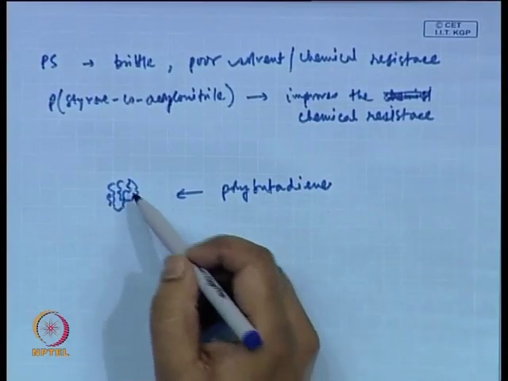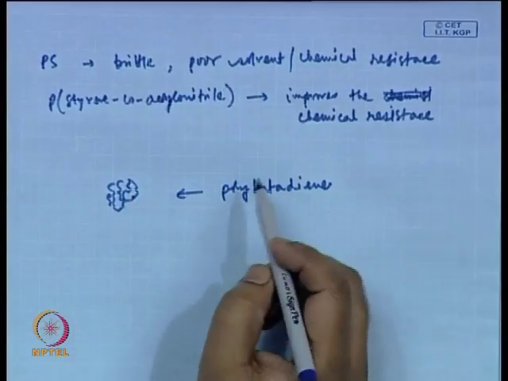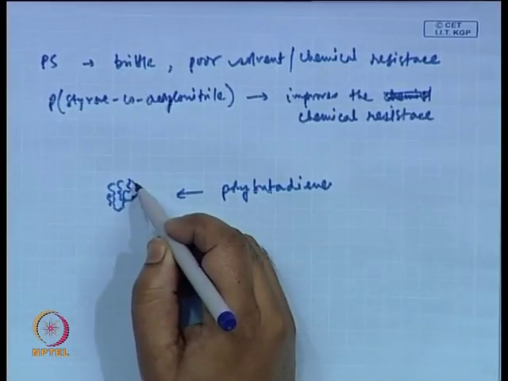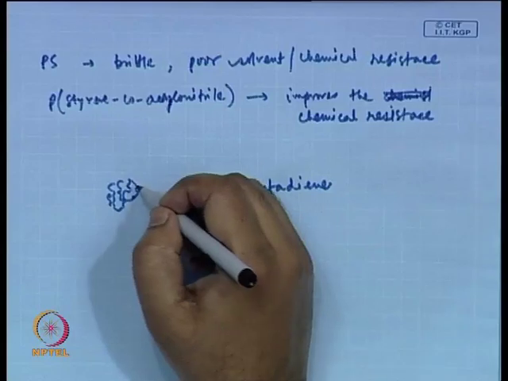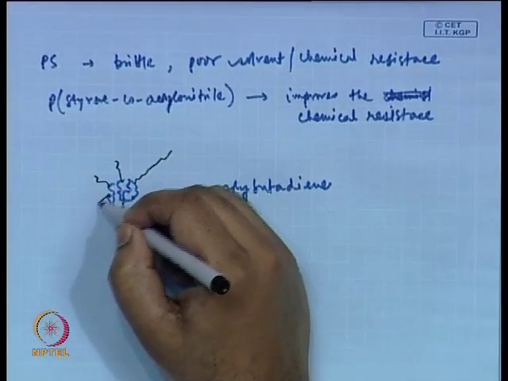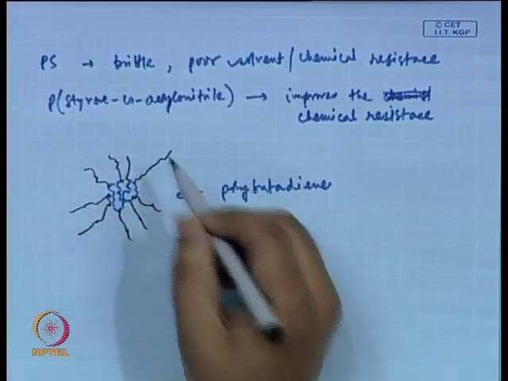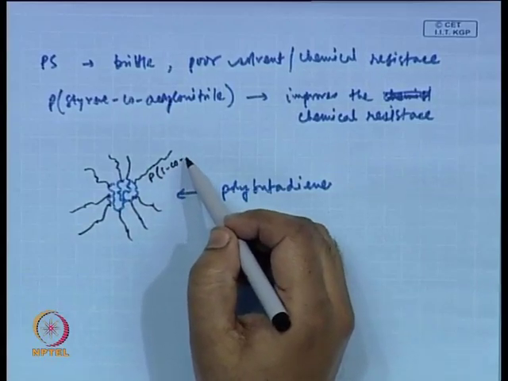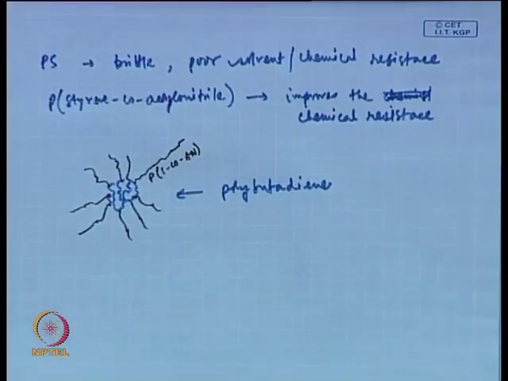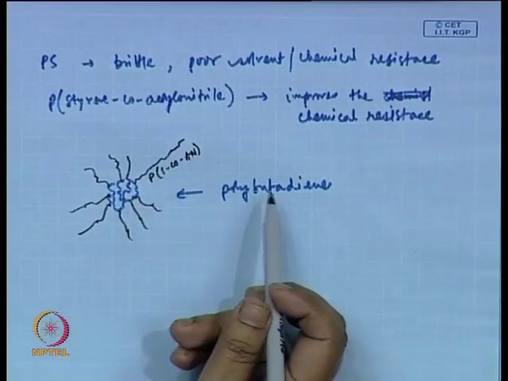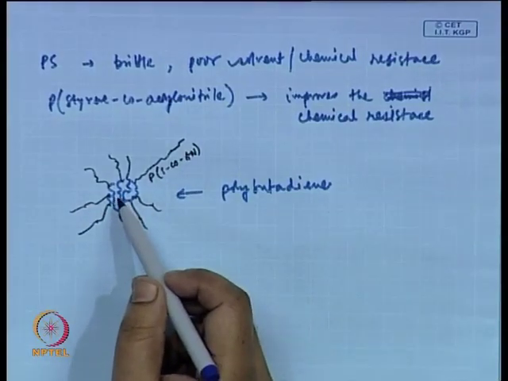You take butadiene and polymerize it by emulsion method to make a butadiene core, and some of the double bonds which have remained unreacted, you can utilize those double bonds and make these copolymers of polystyrene and acrylonitrile, PS-co-AN, polystyrene-co-acrylonitrile. So, you can use this as such, or you can blend this with another homopolymer, and because of the presence of this rubbery core which is soft, this improves the impact property.